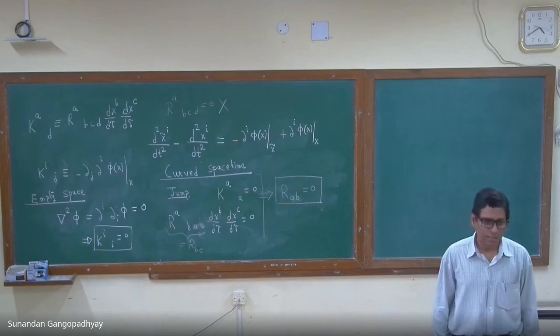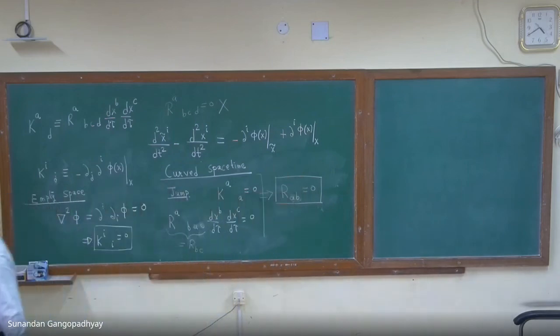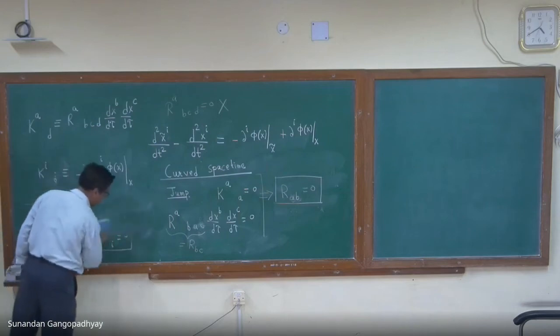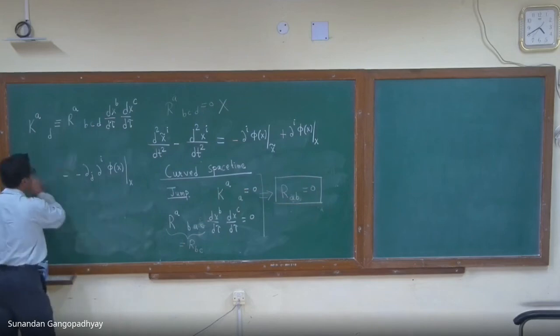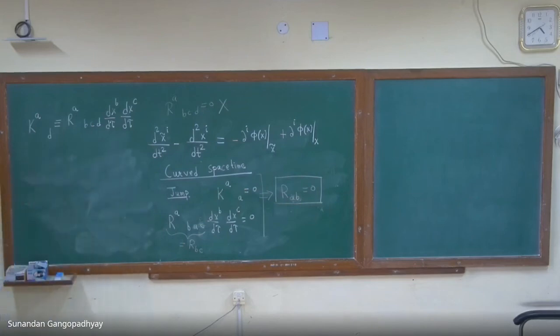Okay, so if all these arguments are so far okay for you, then let us proceed further. We now want to derive the equation in the presence of matter. So let us forget about empty space and consider the case of matter.